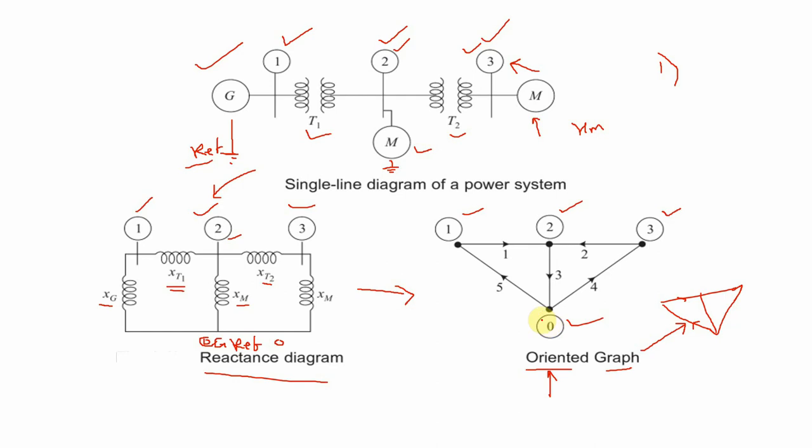Now I connected these nodes, right? 1 2 I connected and I form this diagram, and these are branch numbers 1 2 3 4 5. In this case the numbers are randomly assigned, and the direction is also randomly assigned.